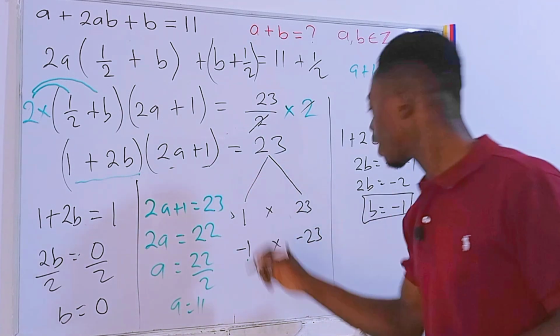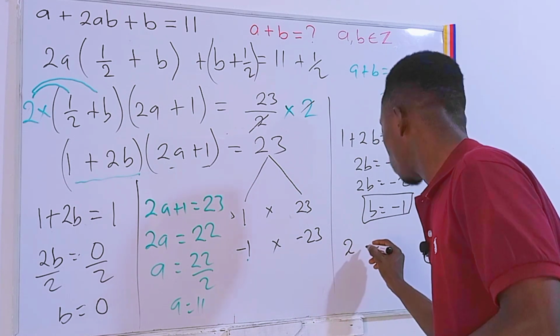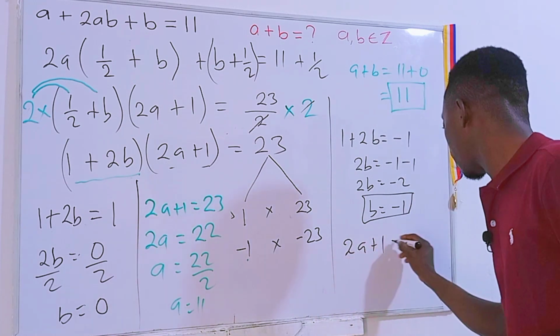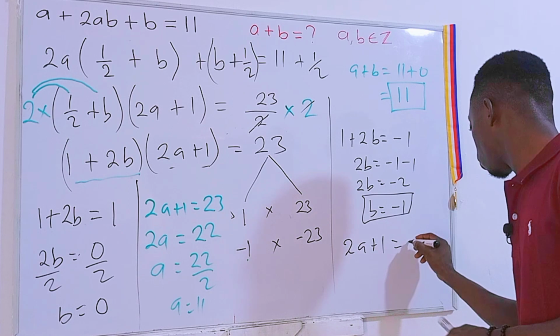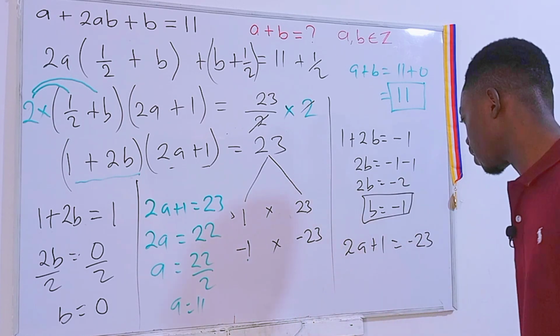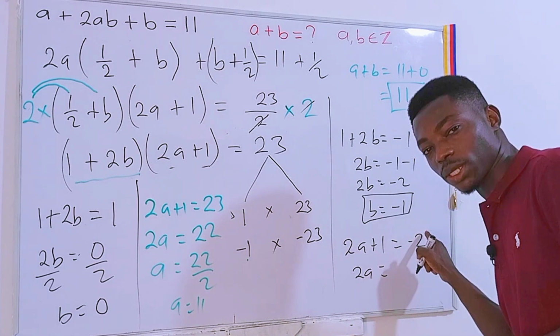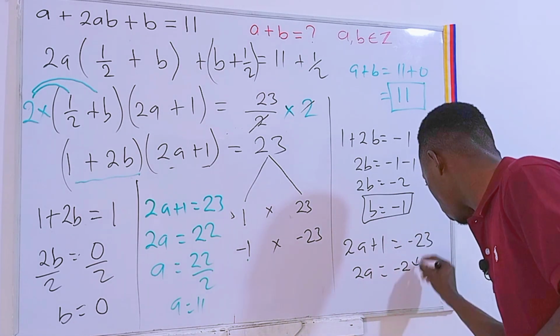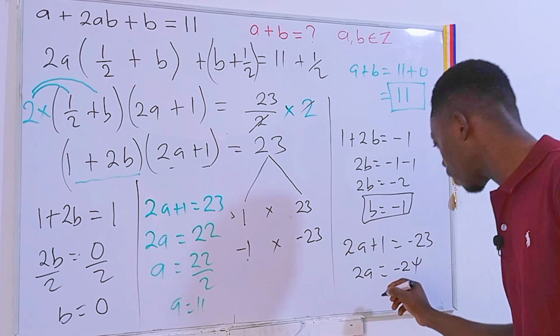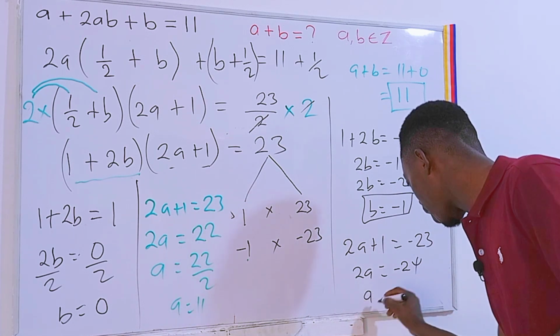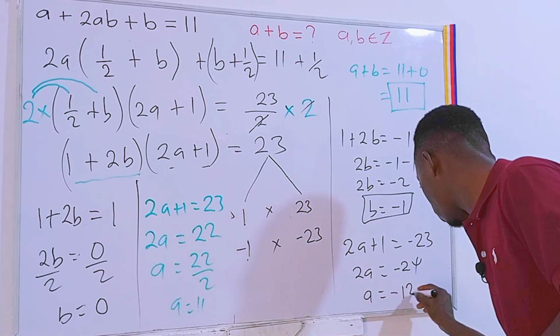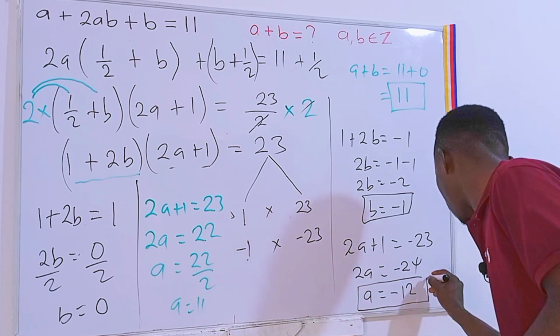Cool. Then the second equation is going to be 2a plus 1 is equal to -23, just like this. Therefore, 2a is equal to, if you transpose the positive 1, -24. Dividing each side of the equation by 2, we have a is equal to -12 as our answer.